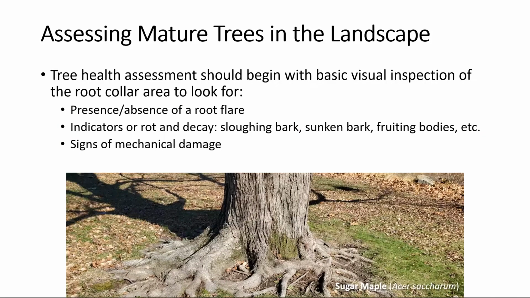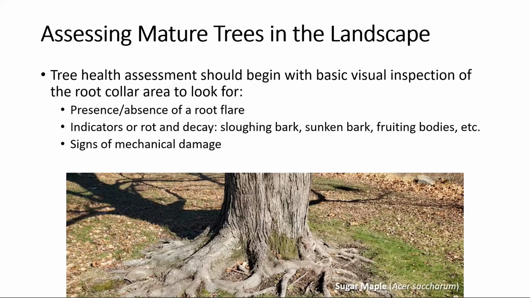So let's wrap things up today by talking about assessment of mature trees in the landscape. Over the years, I've learned that when somebody's reporting a tree ailment, a basic visual inspection of the root collar is one of the first things I recommend.